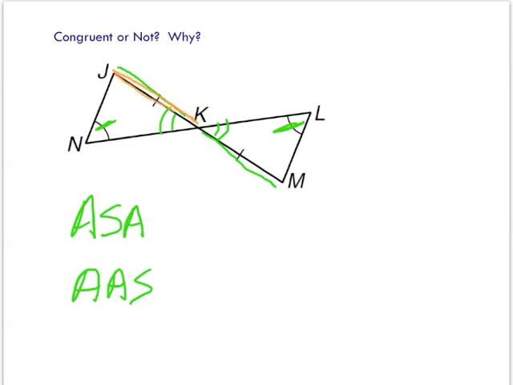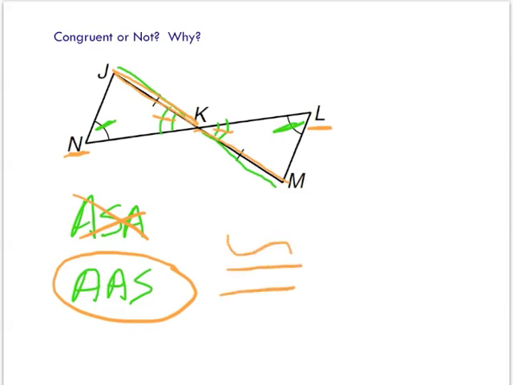Well, JK is only connected to one pair of angles. It's kind of leaving angle N all by itself. Likewise, segment MK is connected to this middle angle, but it sort of leaves angle J by itself. So that means the sides are not included, but we can prove that the two triangles are congruent by angle, angle, side.